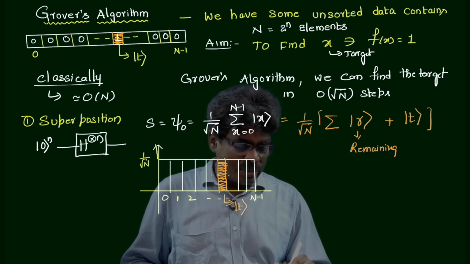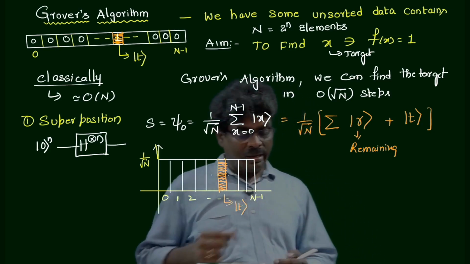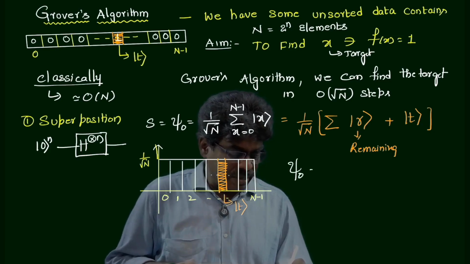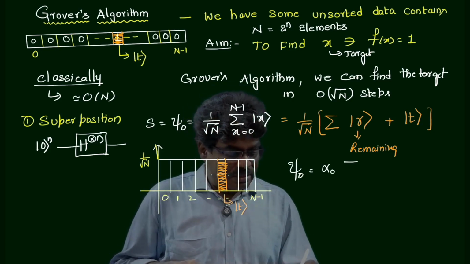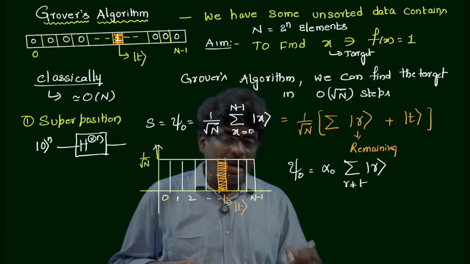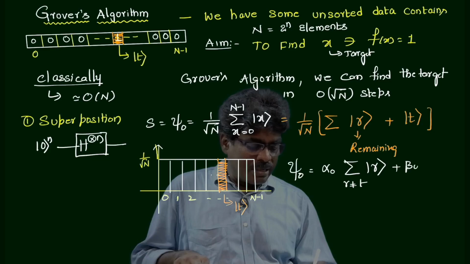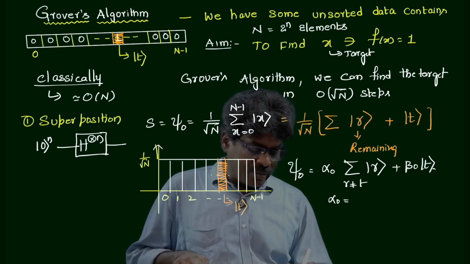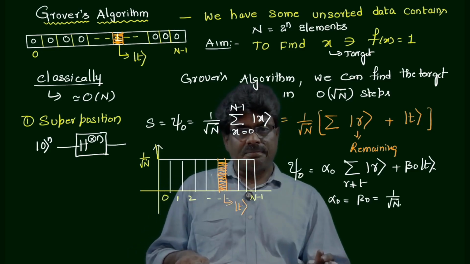Both the amplitudes are the same for both, 1 over root N. I'm going to represent it in another format: psi naught equals alpha naught, the initial amplitude, summation over the remaining states, where please remember that R is definitely not equal to T for target, plus beta naught times T. Don't forget that alpha naught and beta naught are equal to 1 over root N. Clear?